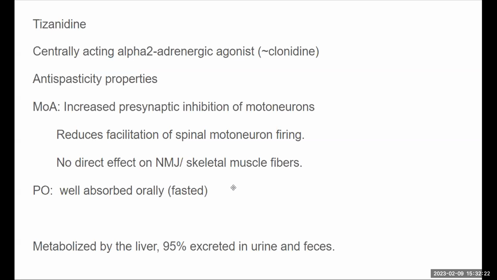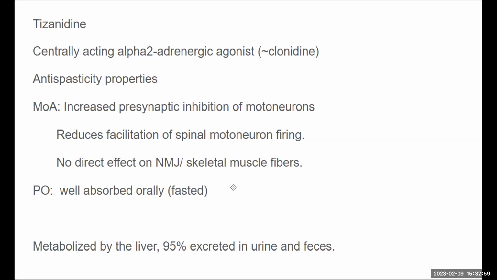Tizanidine is closely related to clonidine, a centrally acting alpha-2 adrenergic agonist. It has anti-spasticity properties, so it is more used for upper motor neuron related spasticity. What it does is increase presynaptic inhibition, so descending inhibition is increased, the motor neuron firing is reduced, and it causes muscle relaxation.